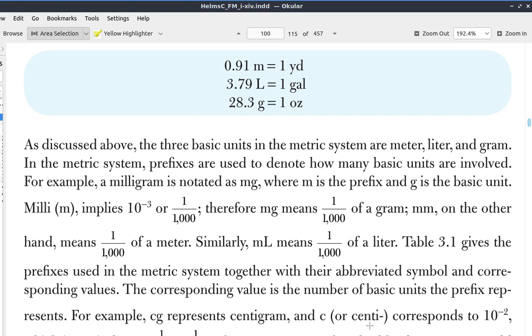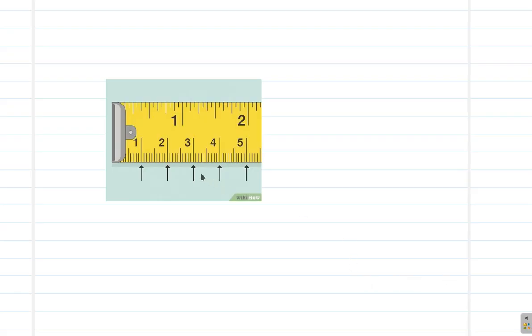And you have table 3.1, which we will soon see, gives prefixes used in the metric system together with their abbreviated symbols and corresponding values. The corresponding value is the number of basic units the prefix represents. Now here we have a measuring tape.